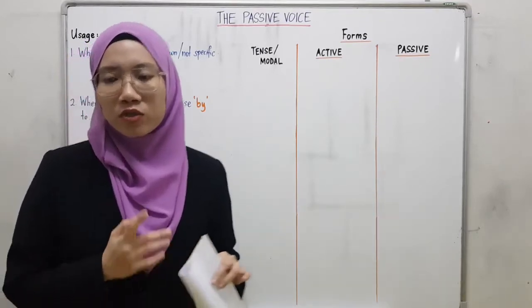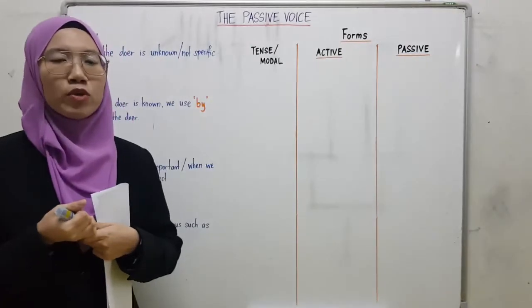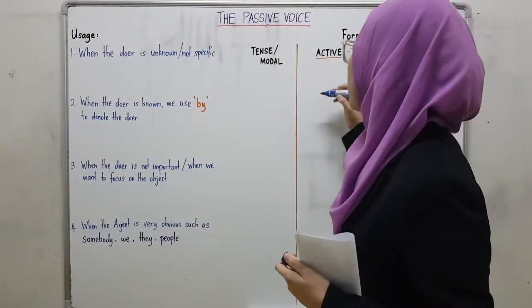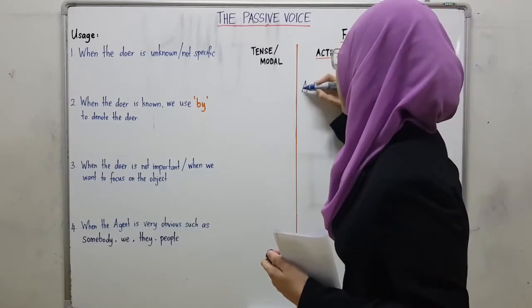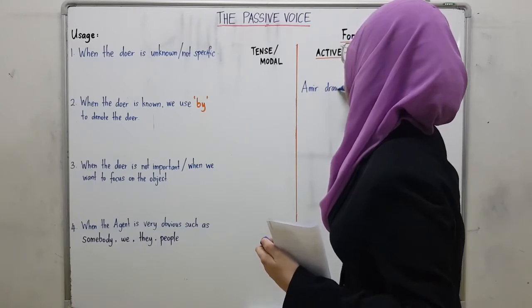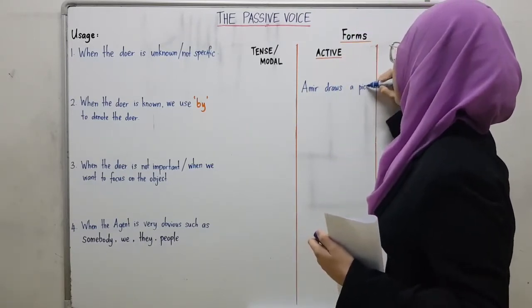Okay. So usually when we talk about something in a sentence, we will use an active sentence, active voice. For example, Amir draws a picture.